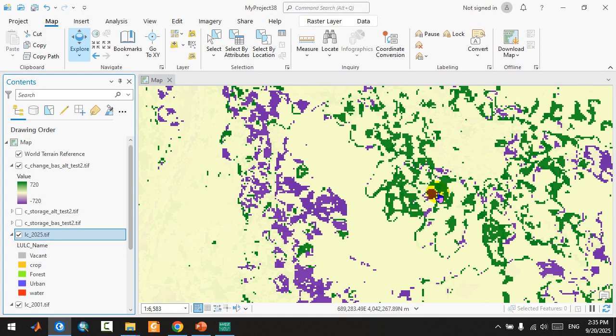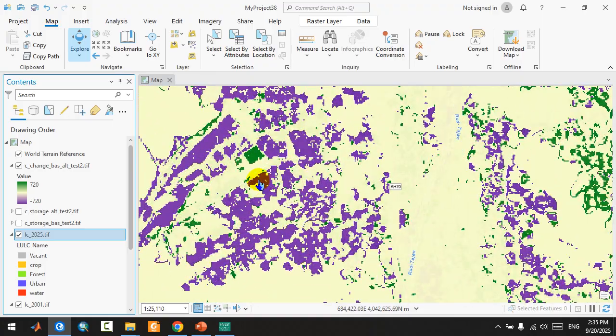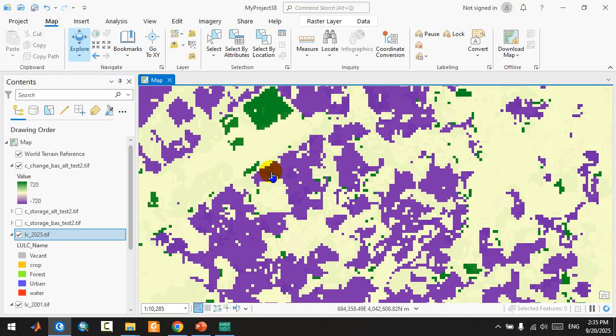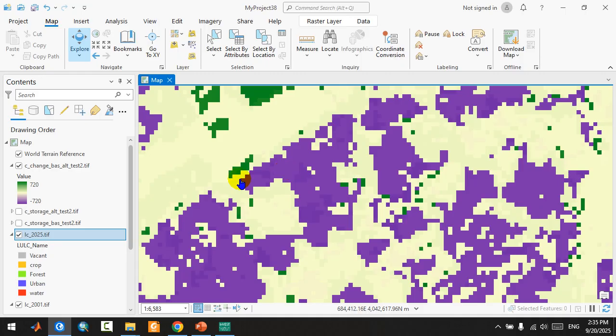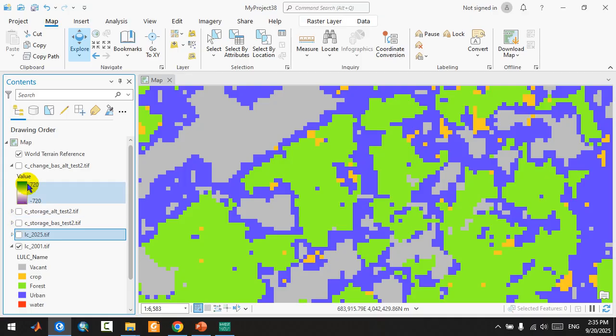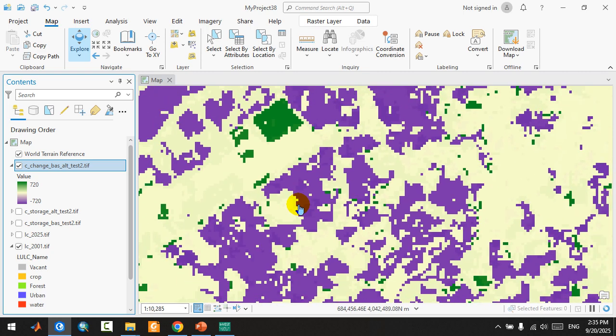Okay, and in this area the purple color pixel is destroyed forest, and carbon storage is negative. Okay, this pixel, because the forest was destroyed, released and emitted carbon into the atmosphere.